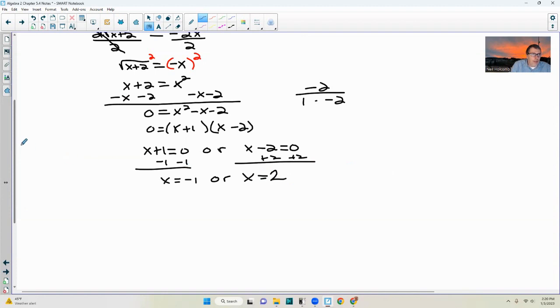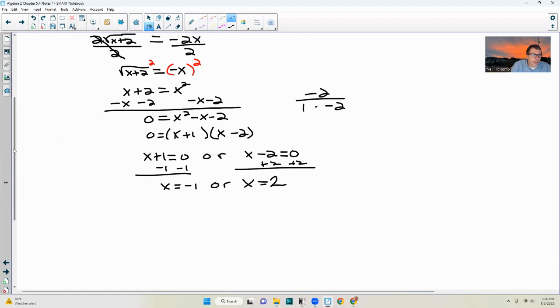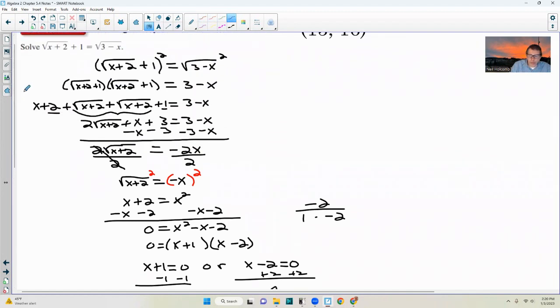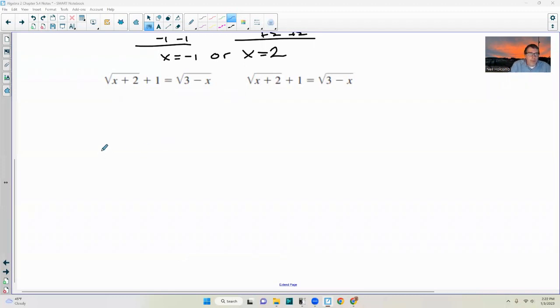All right, so now we want to plug that into the original and check. So if I go back up to the original, it is the square root of x plus 2 plus 1 equals the square root of 3 minus x. All right, so I just brought this down twice because we're going to substitute in different values. And let's take a look. So we have the square root of x, which is negative 1, plus 2, plus 1.